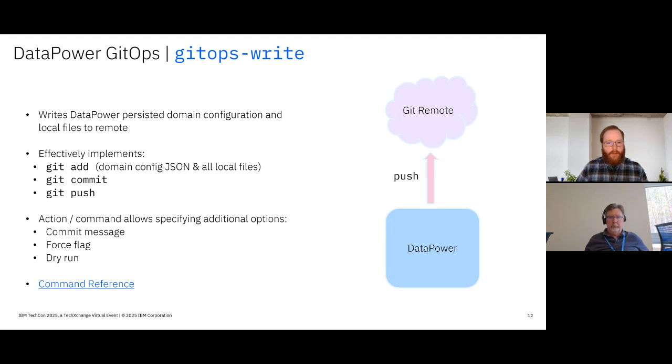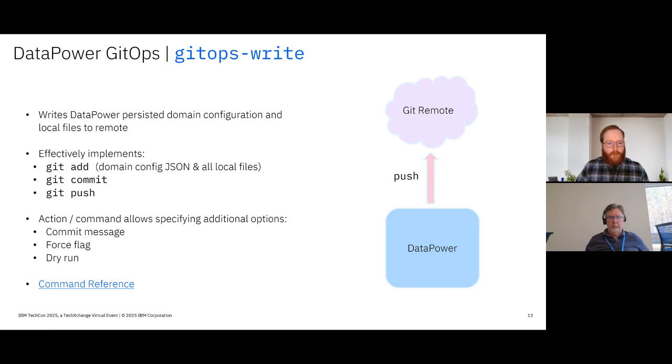All right, so if we look at the write process, from the CLI, it would be the GitOps write action. This can also be done from the UI or even triggered by the RMI. The GitOps write is a holistic action which will persist all of the DataPower domain, application domain configuration and local files to the remote.